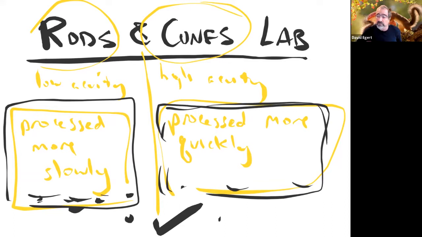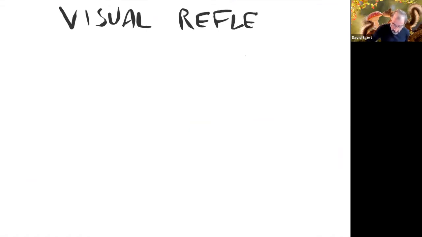So then we can put this in the context of a visual reflex, which is what we're going to be looking at today. A visual reflex is just a reflex. What are the three components of a reflex arc?